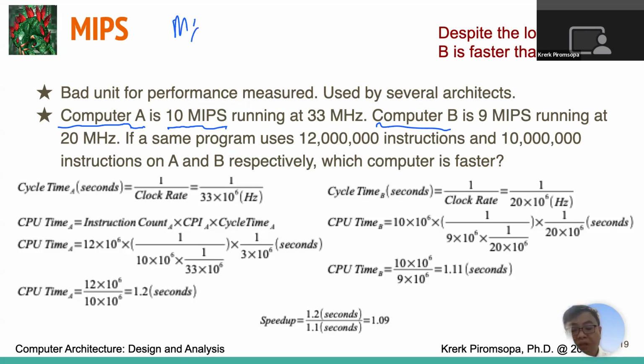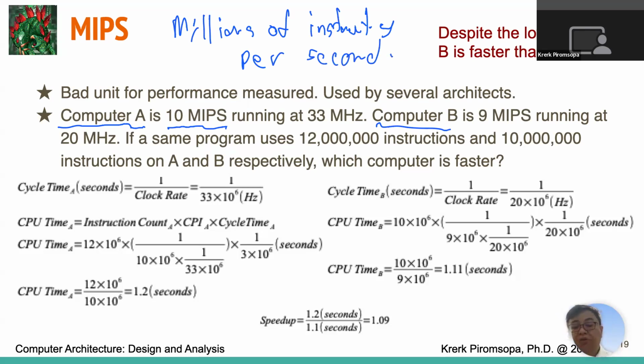MIPS means million instructions per second, so it's a combination of CPU time and CPI in one number.